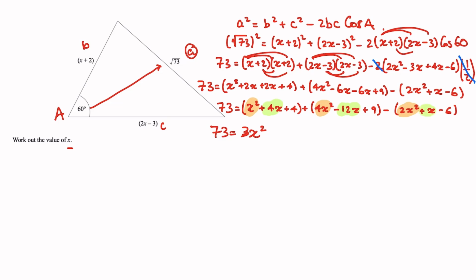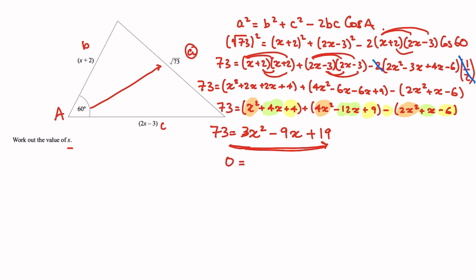Then minus and plus x, minus and plus makes a minus, so it'll be minus 7x. And the last ones will be positive 4 plus 9, that's 13, minus minus 6, so the minus and the minus 6 makes a positive, so 13 plus 6 is 19.